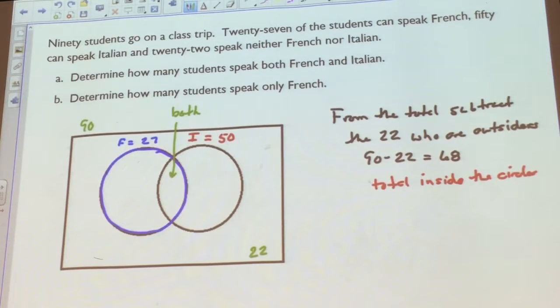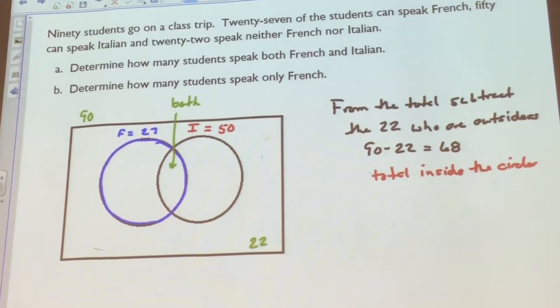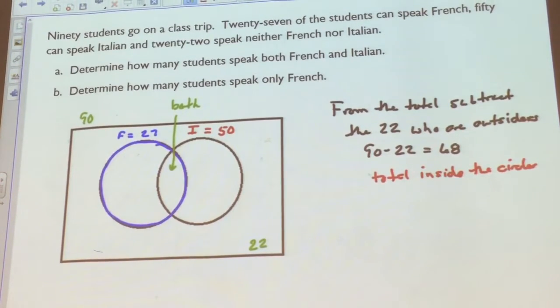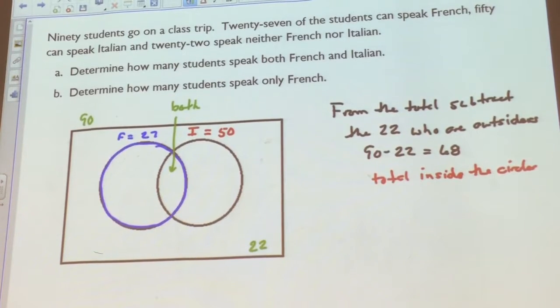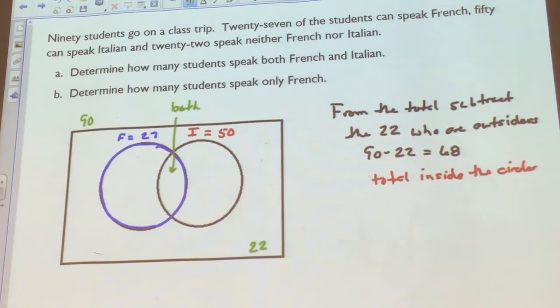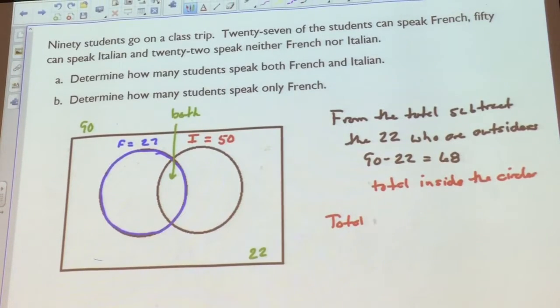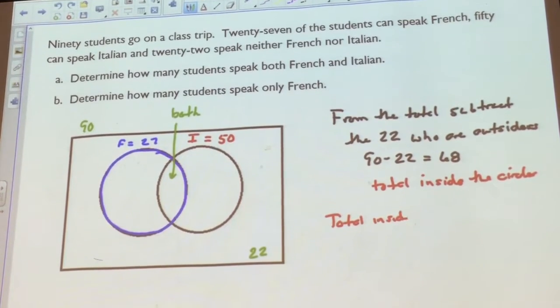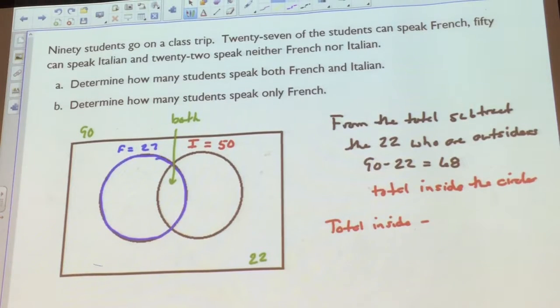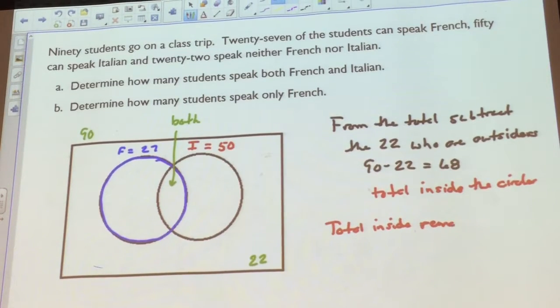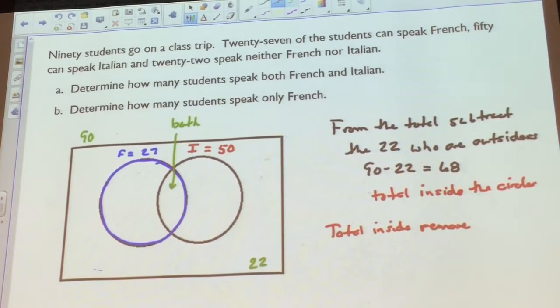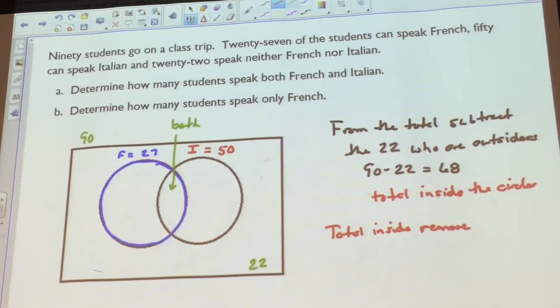I know there's 68 people total inside the circles, and now we can start fighting with the 27 and the 50. So another way to do the problem would be here. If we come back in words, if we take the total inside the circles and we remove from that total one group, either the French or the Italians, your choice.